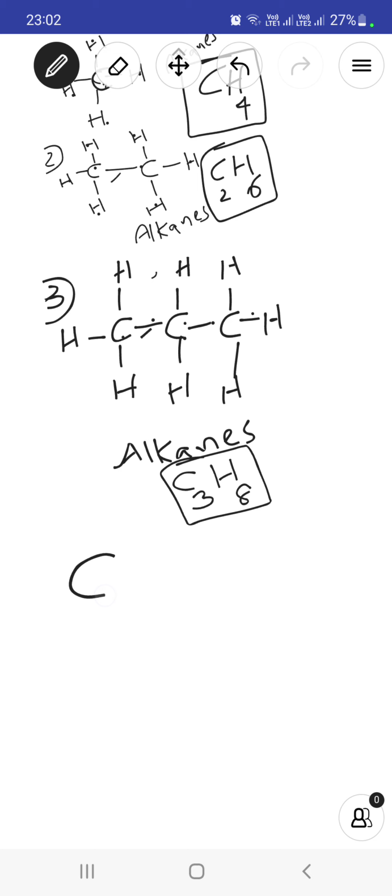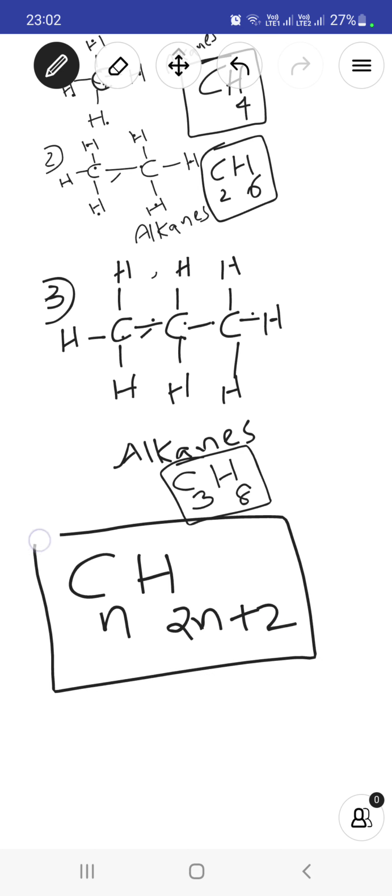If there are 2 carbon atoms, the number of hydrogen atoms will be 6. The relation is, if the number of carbon atoms is n, the number of hydrogen atoms will be 2n plus 2. This is the general formula for the carbon-hydrogen relation in an alkane.